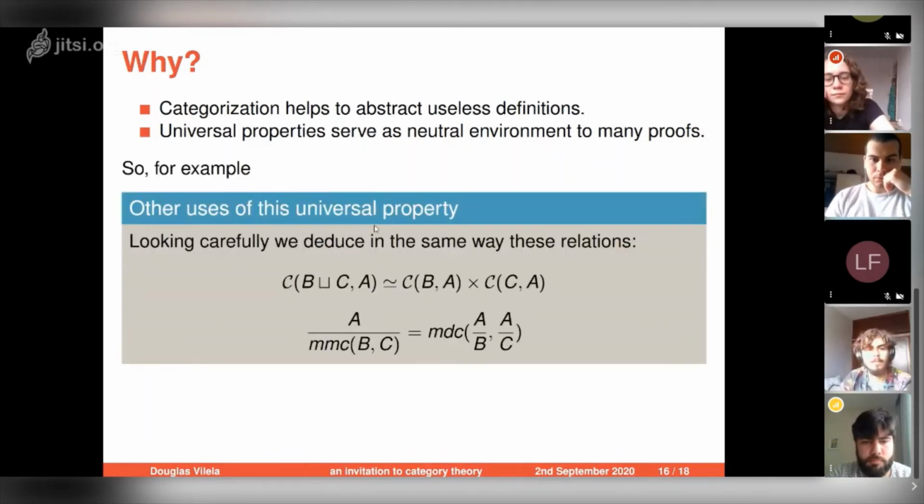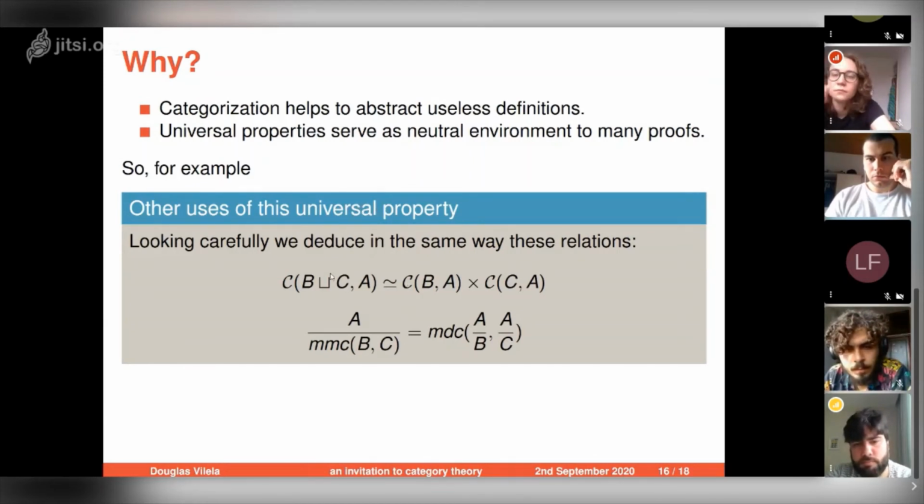So here is another simple example of the same universal property that we can use to deduce some other results.